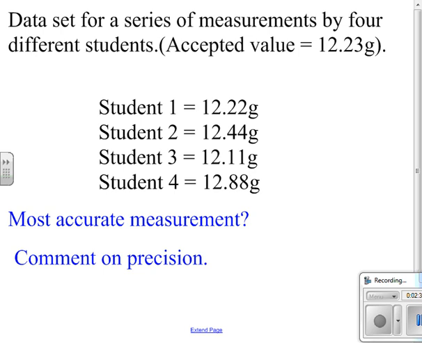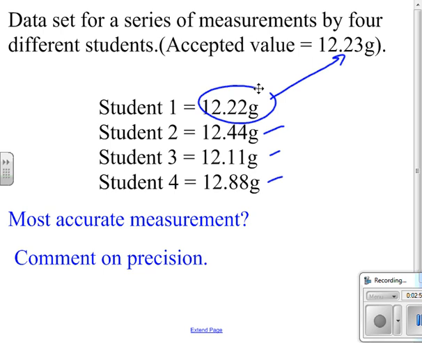If I asked you which is the most accurate of all these measurements, it is going to be student 1 because student 1 comes closest to the accepted value. And if we comment on precision, I would say the precision is fairly poor because here we have 0.22, here we have 0.44, 0.11, 0.88.